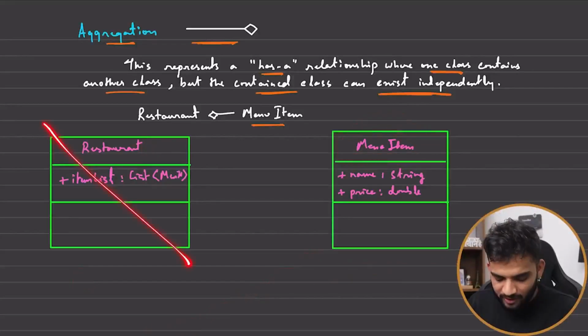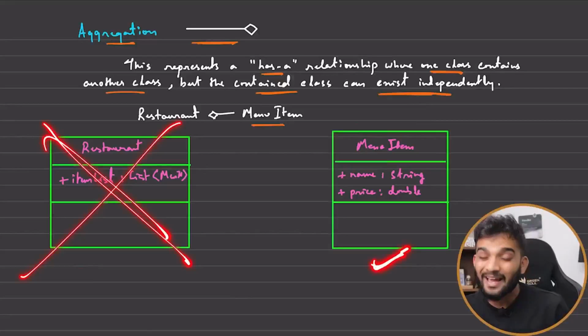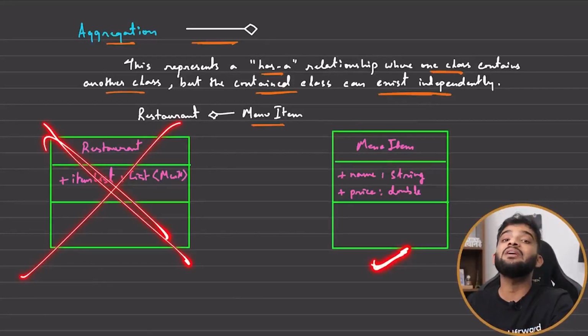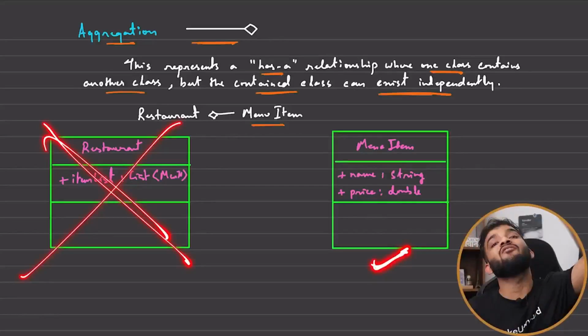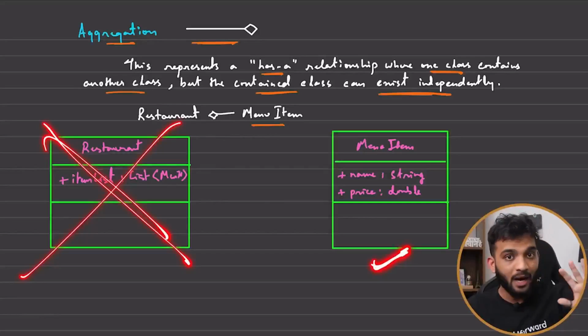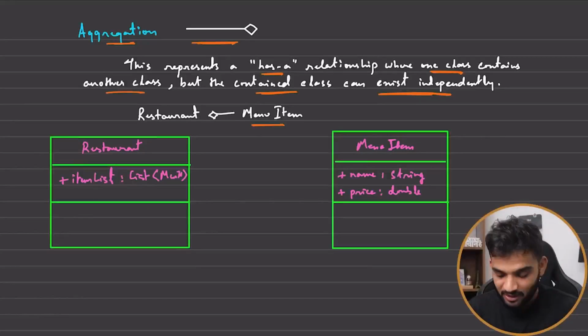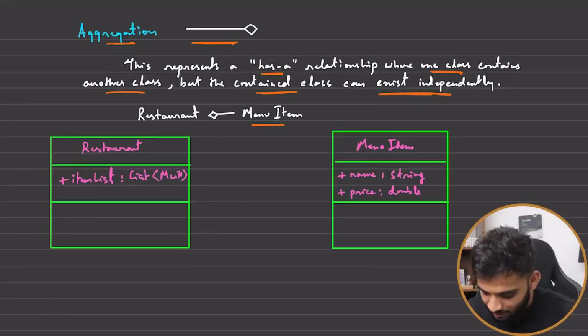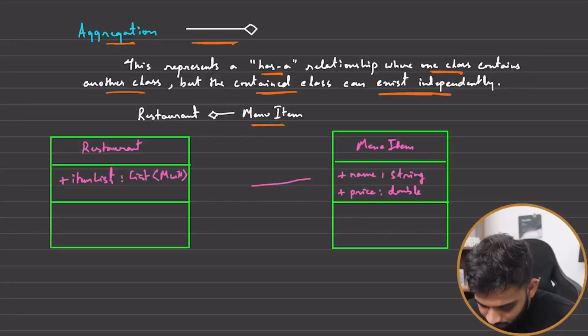Even if this restaurant is gone, the menu item can survive independently. Why? Because the menu item can be a part of some other restaurant. Understood? In such cases, you will be seeing this particular arrow.